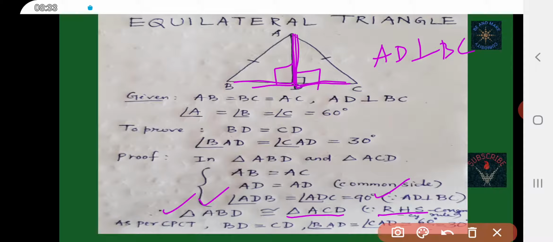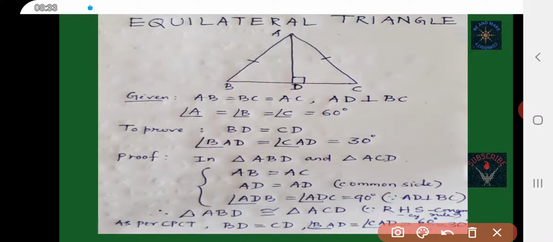And as per CPCT, corresponding parts of congruent triangles, BD corresponds to DC, they are equal, and this angle is equal to this angle.